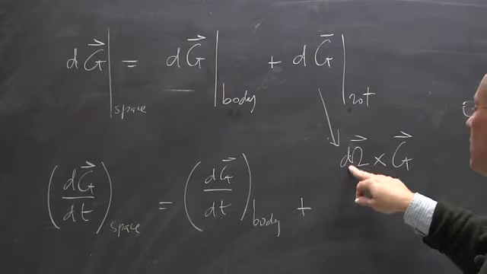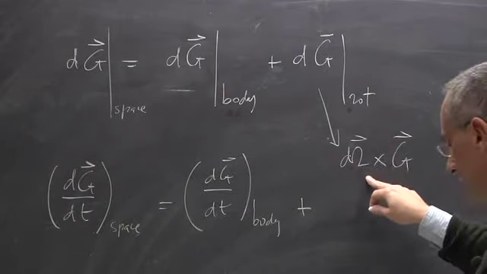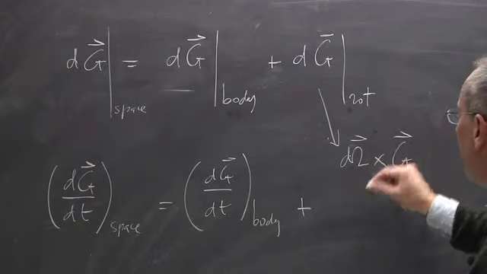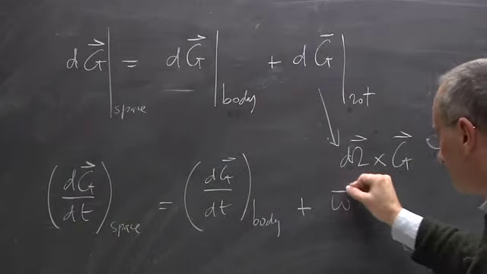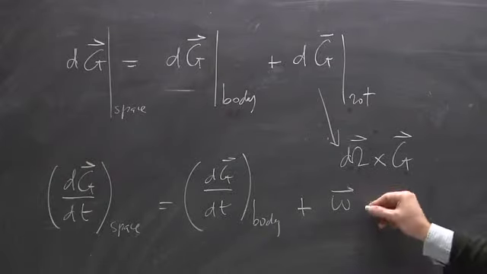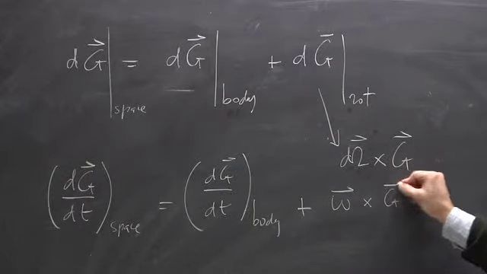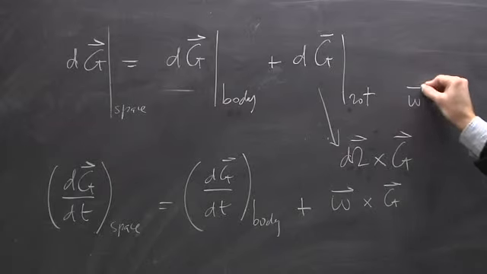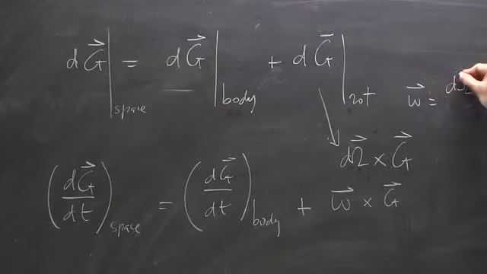So I have here d omega dt, where d omega is the change in angle in time. This is the angular velocity that is usually called omega. So in other words, omega is d omega dt.